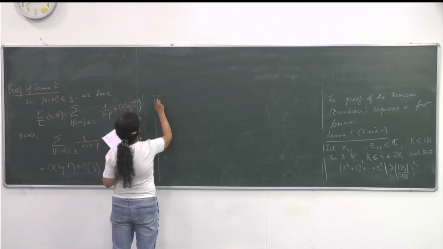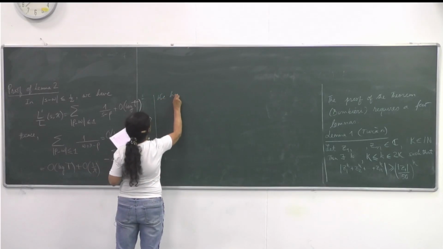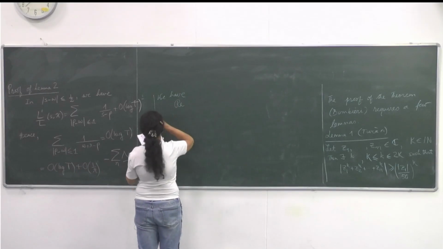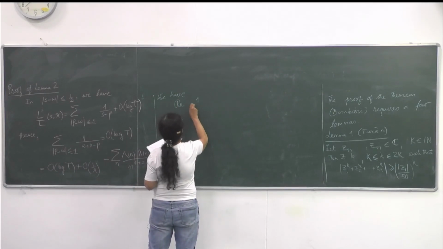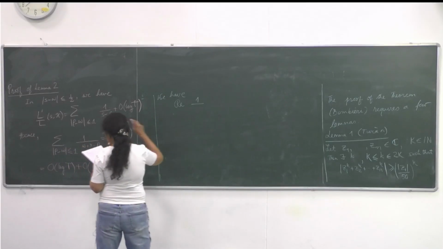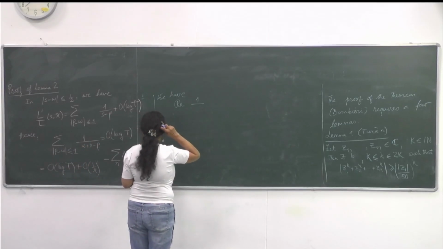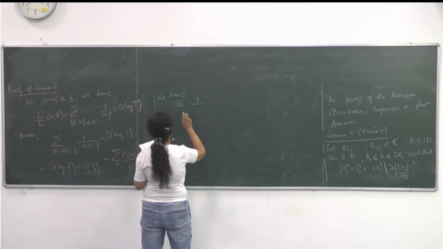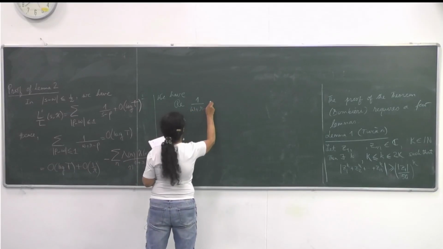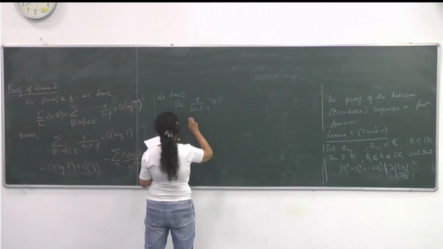So we have the real part of 1 by (omega plus r minus s) is greater than or equal to 0.